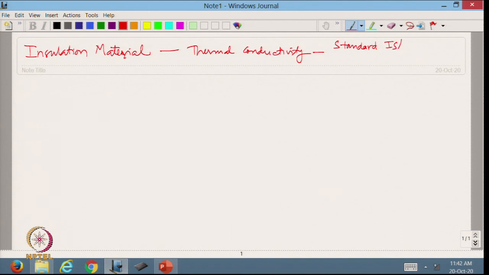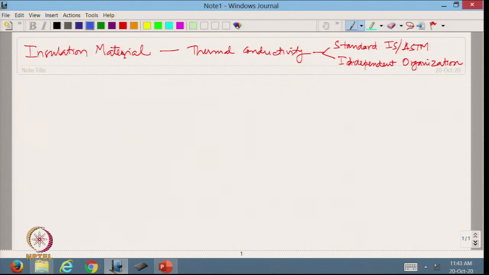It could be an IS standard or maybe an ASTM standard, and it should be from an independent certified organization. So, that is what they had to do.